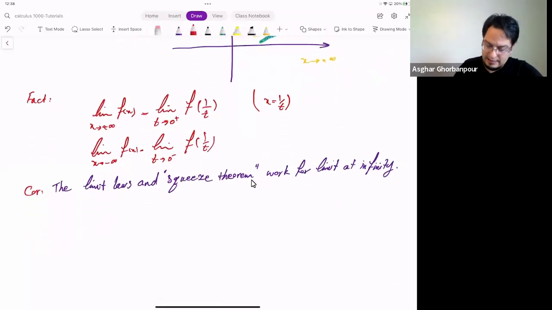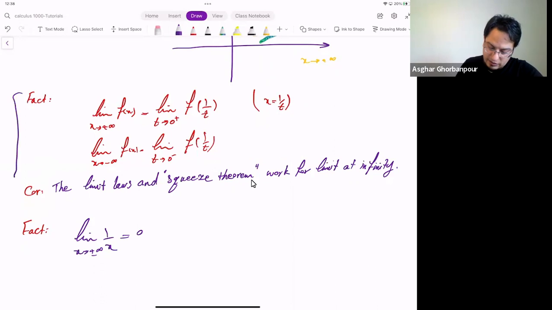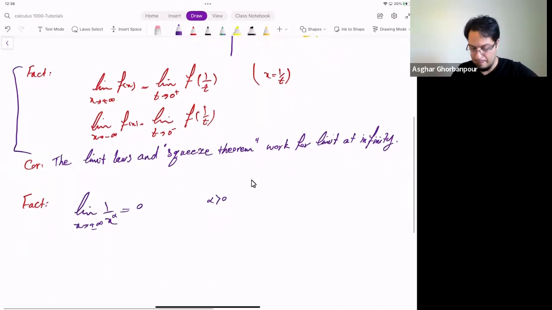Some more facts about limits at infinity. If you have the limit of 1 over x as x goes to plus or minus infinity, this is equal to 0. And indeed, using this fact, you can show that for x to the power alpha, for any alpha bigger than 0, it still will be 0.